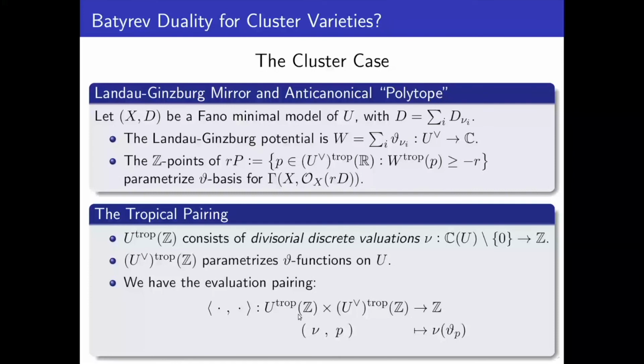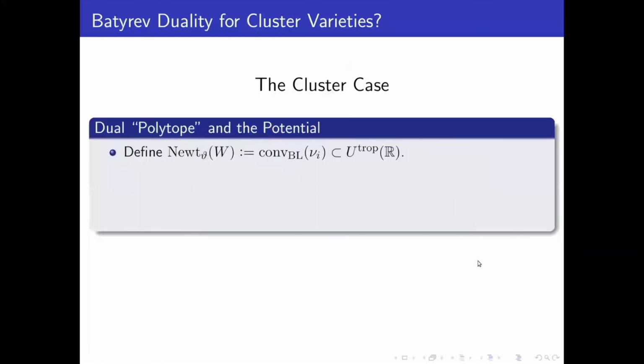I'm going to interpret P as giving me a theta function, and I'll keep nu as the divisorial discrete valuation, and I'll just apply nu to this theta_P. We could, of course, go the other way, and at least conjecturally, that's symmetric. It's known in some examples or under certain conditions.